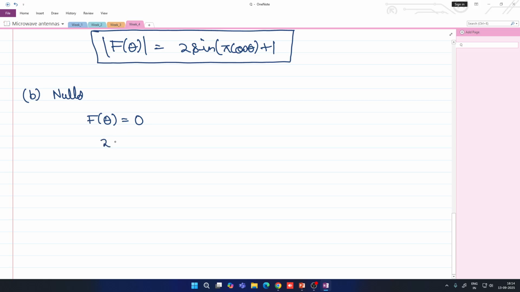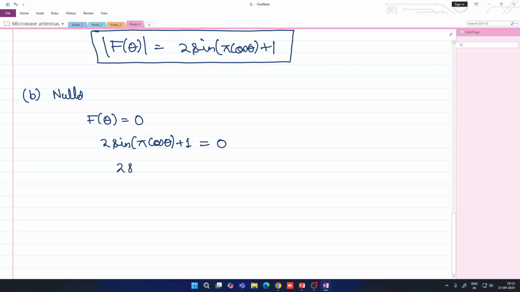That means 2 sin pi cos theta plus 1 becomes 0 at those theta locations. When this whole thing becomes 0 will be the nulls.